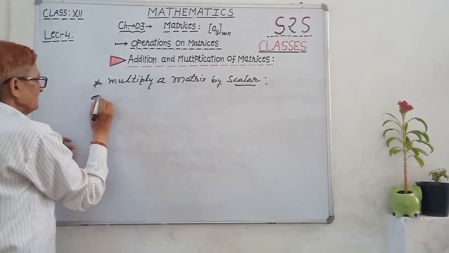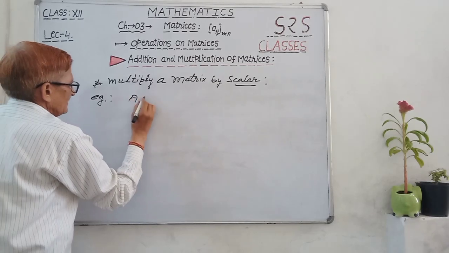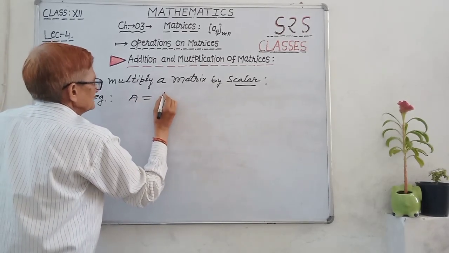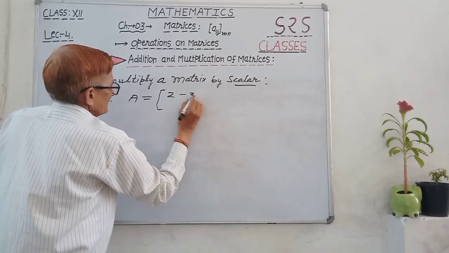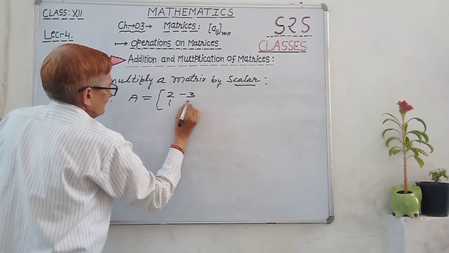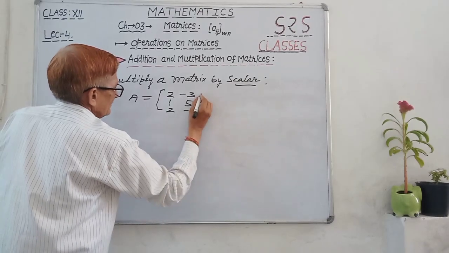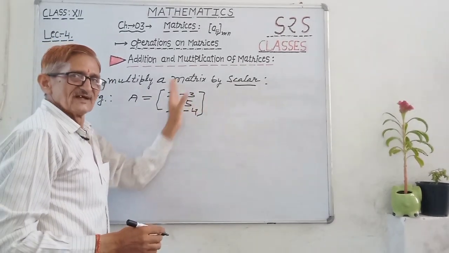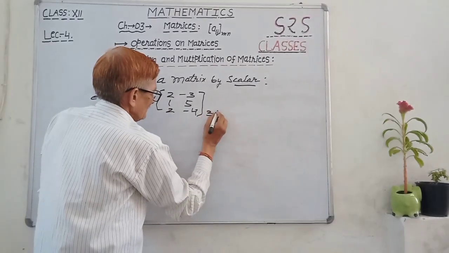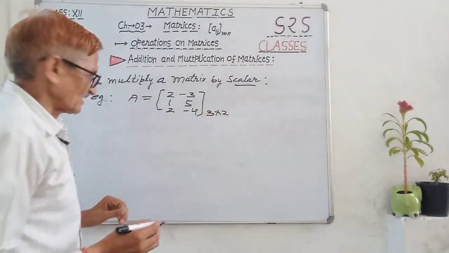Now example, by example you can understand. If A equal any matrix 2, -3, 1, 5, 2, -4. This is 3 row here and 2 column. Maybe any order, okay, rectangular matrix.